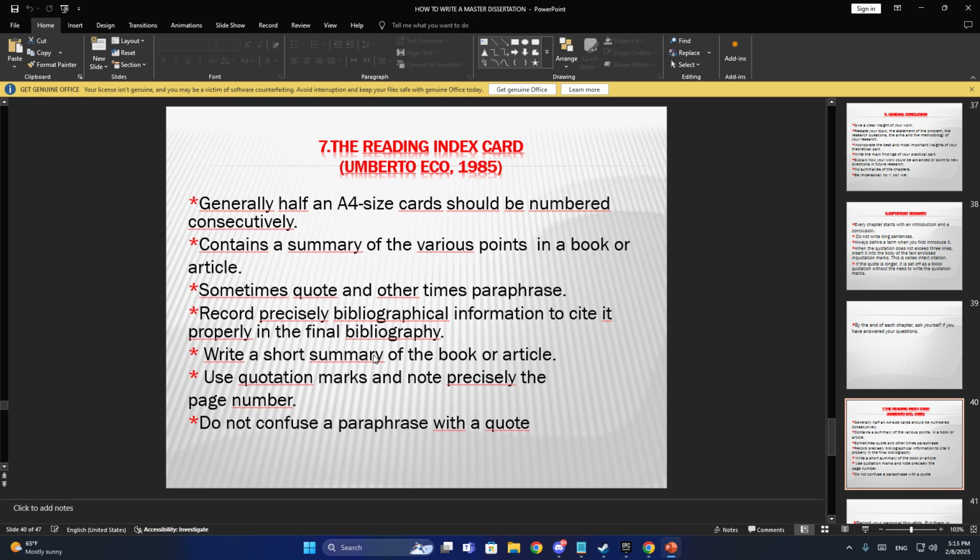Write a short summary of the book or article. Use quotation marks and note precisely the page number, because when you quote, please pay attention to the page number and write it. Do not confuse a paraphrase with a quote. You know what we mean by quote, I think you have studied it, and you know what we mean by paraphrase.